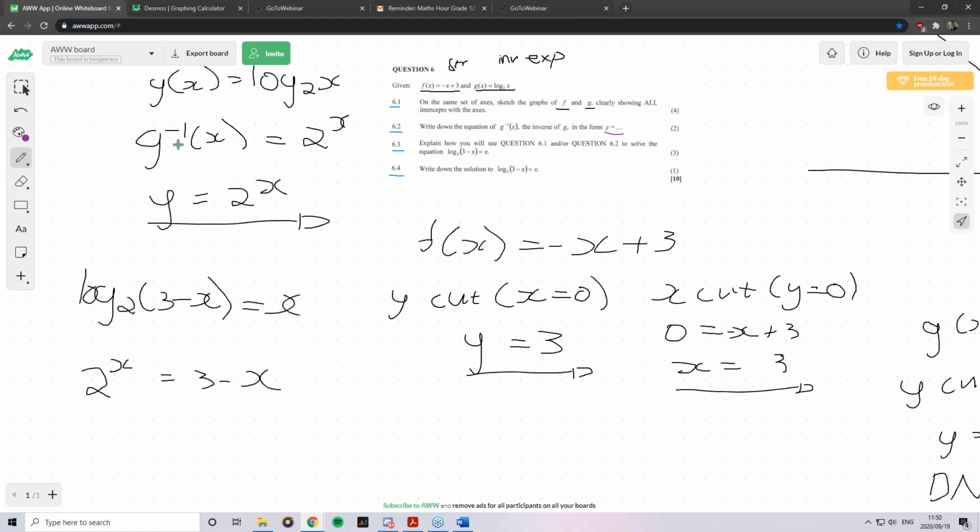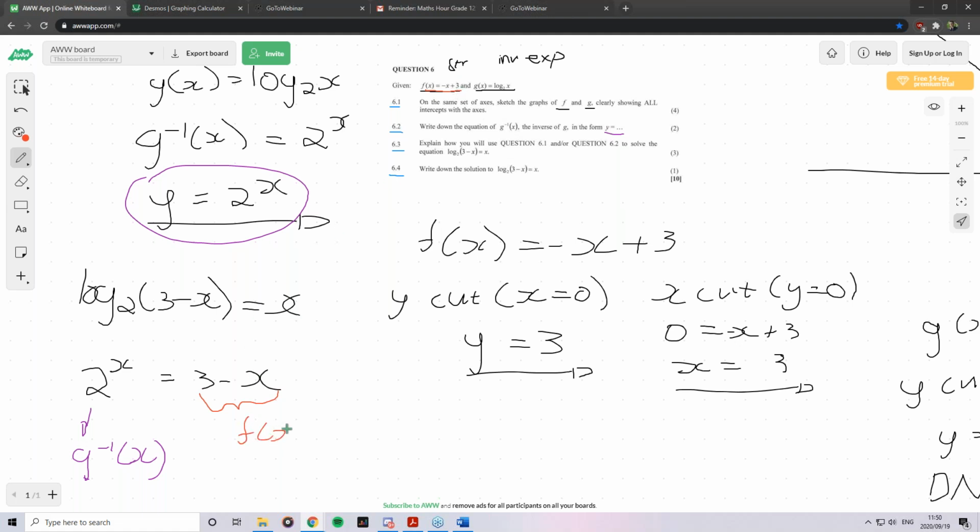We've just shown that the inverse of g is 2 to the x, so this is g inverse of x. But 3 minus x also looks familiar, because this is f of x: minus x plus 3 is 3 minus x.